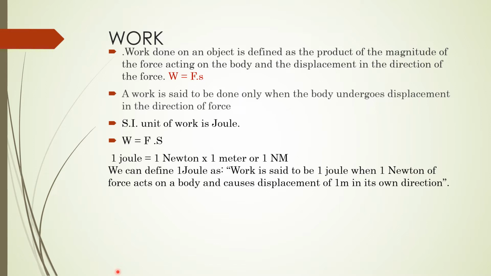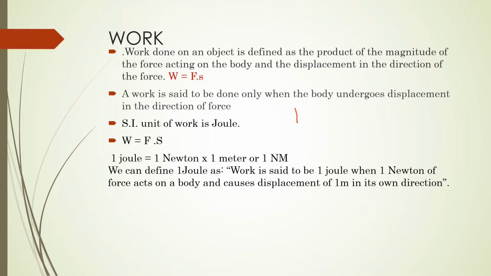Now the SI unit of work is joule. So here we are deriving this formula. W, work, is equal to force into displacement, and 1 joule is equal to, what is the unit of force? 1 Newton, and the unit of displacement is the meter. So in this way it becomes 1 Newton meter.